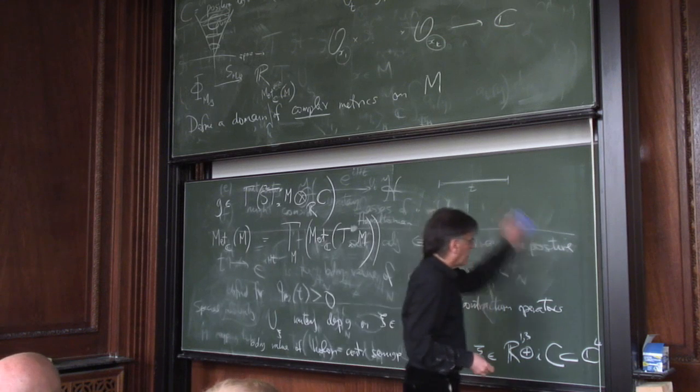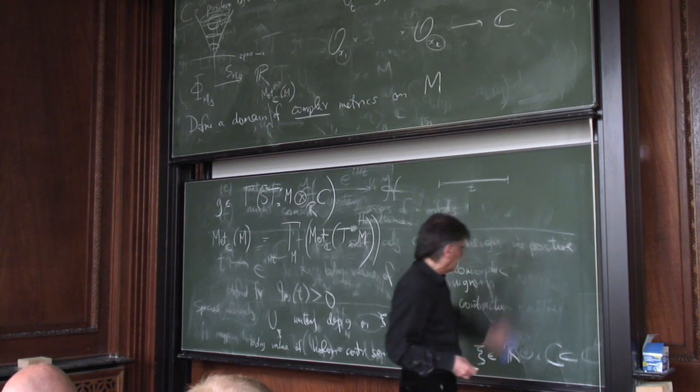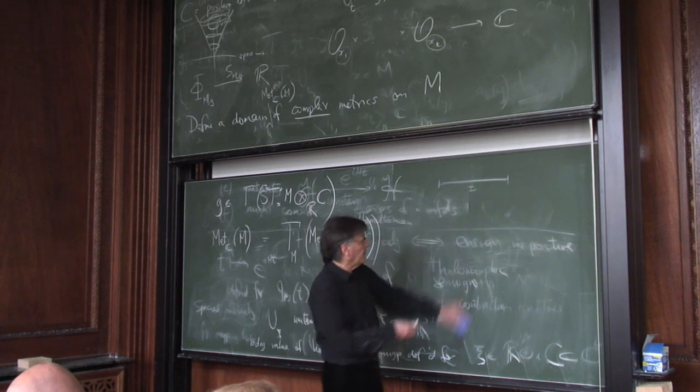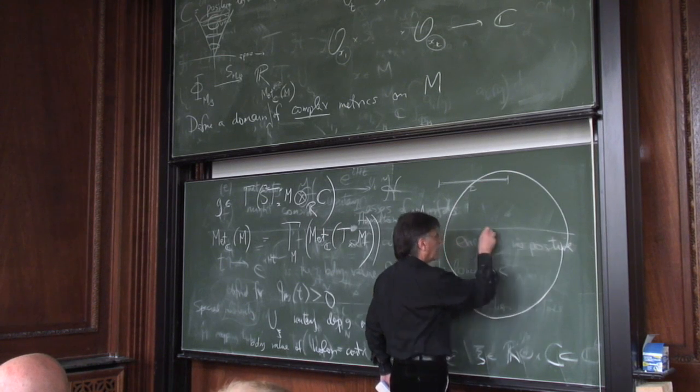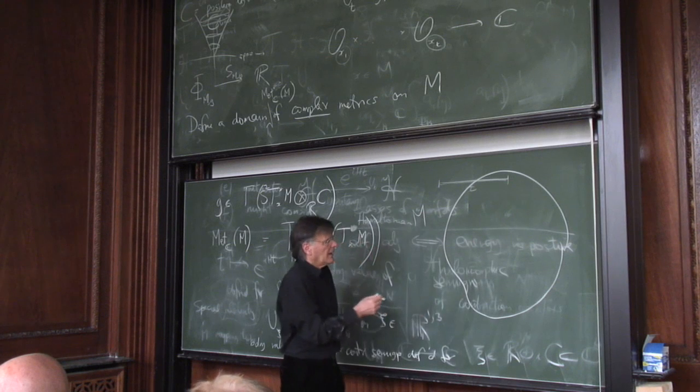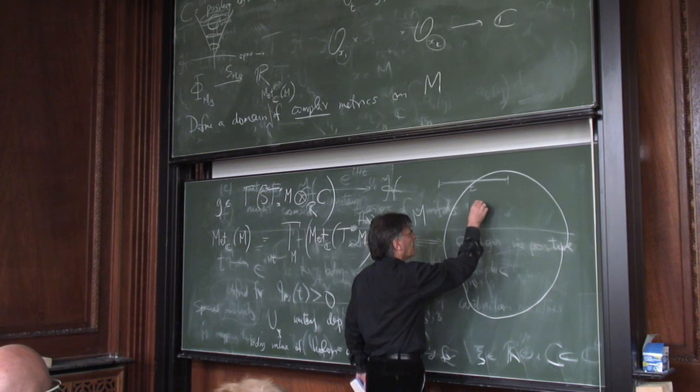So let me tell you, now what is the idea going to be? The idea is that given M, we're going to have this huge infinite dimensional space of metrics. Now, it's going to be a complex manifold.